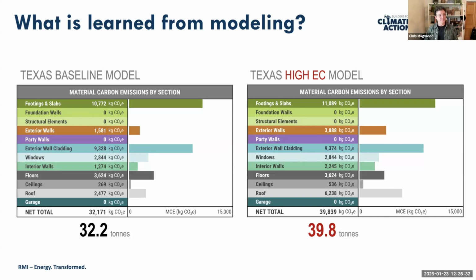In particular, this might be a segue into talking about the ResNet standard. The reason we went to ResNet to come up with that standard is that people who do energy modeling are best positioned to do embodied carbon modeling, because the model is basically the same. We both deal with area-based models.